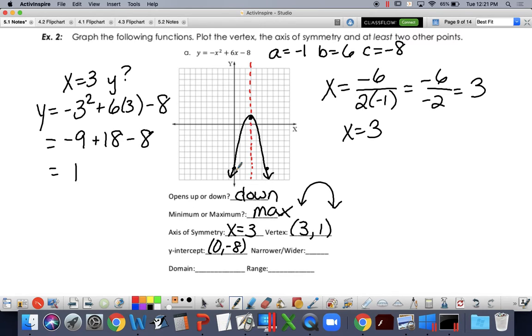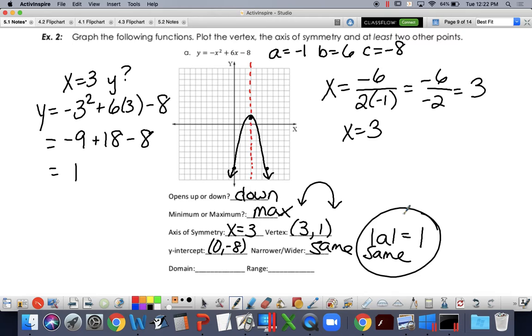Now, is it narrower or wider than my original parent function? Or the same? It's the same. If this value here is not a 1 or a -1, then it becomes wider or narrower. When the absolute value of a is equal to 1, it's going to be the same in terms of narrower, wider shape.